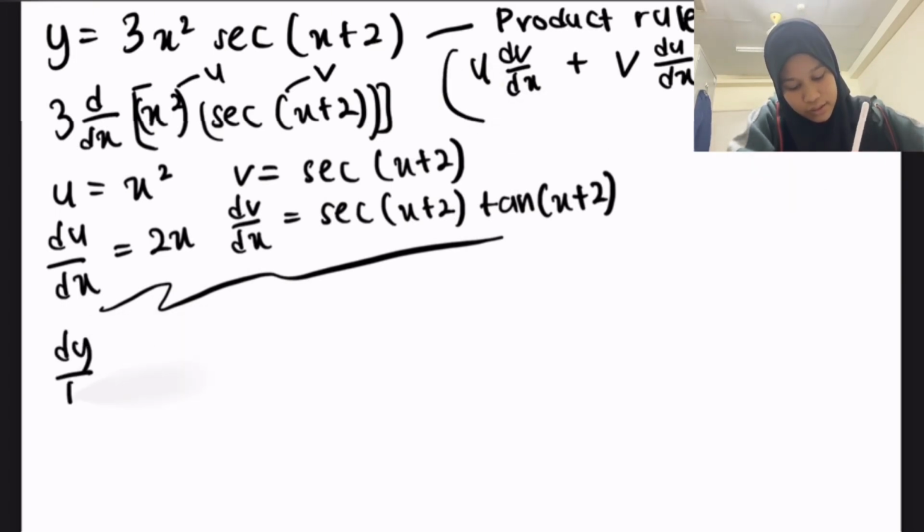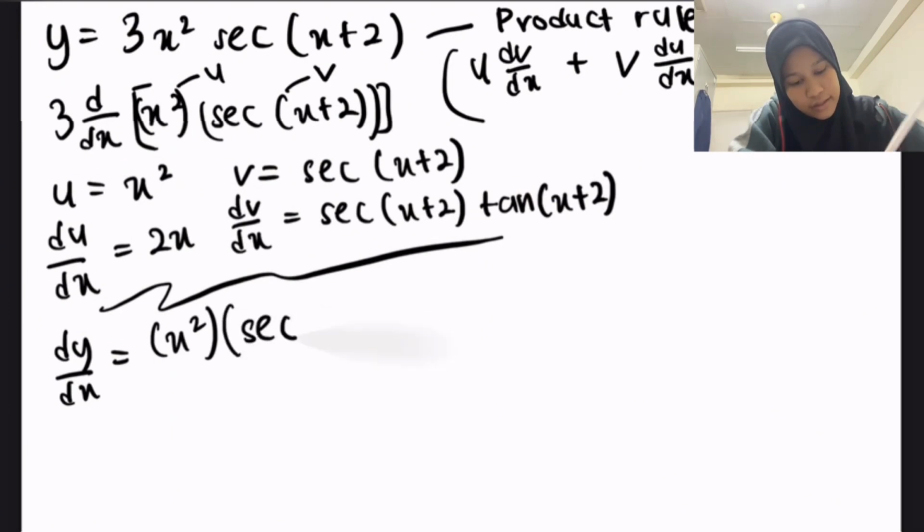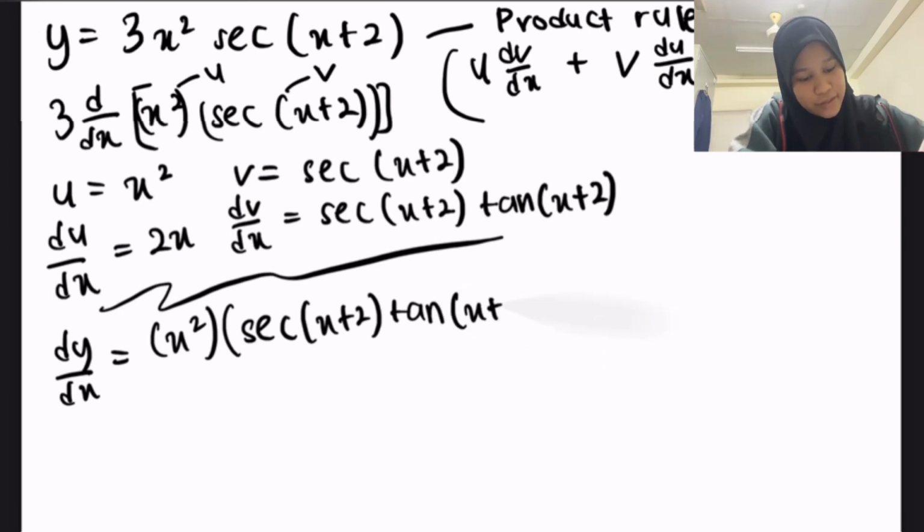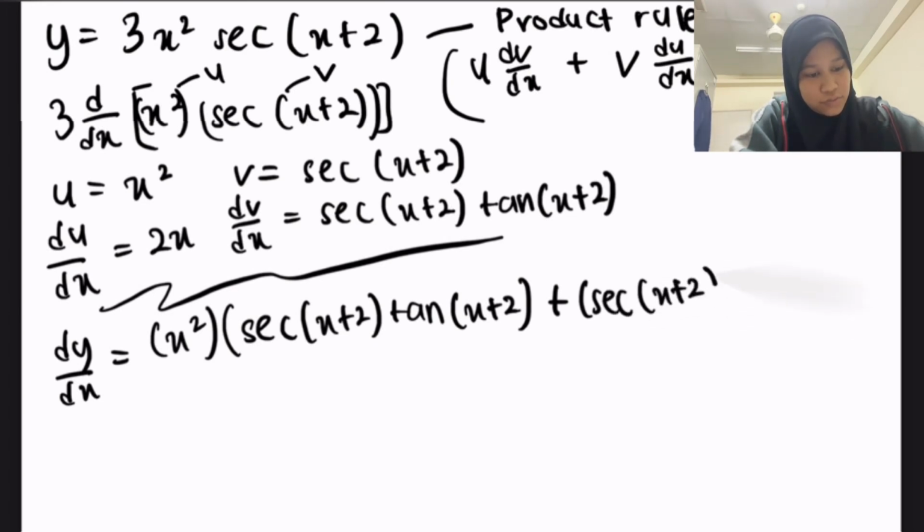So dy over dx will be u, x squared, times dv over dx, which is sec(x plus 2) tan(x plus 2), plus v, sec(x plus 2), times du over dx, which is 2x.